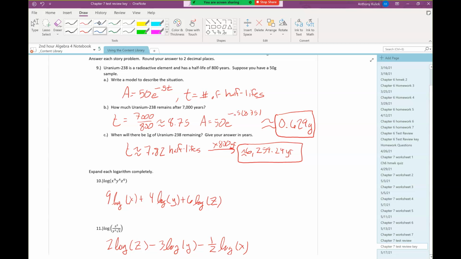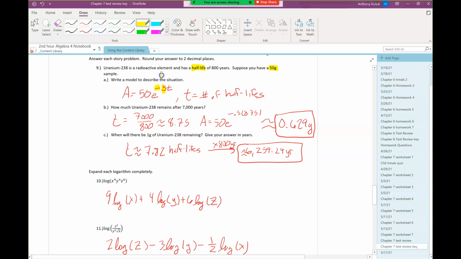So the P is the initial amount. So we had 50 grams of the stuff. So that's where the 50 comes from. It's a half-life, and it's decay. So the half is the 0.5, and the decay is why it's negative.